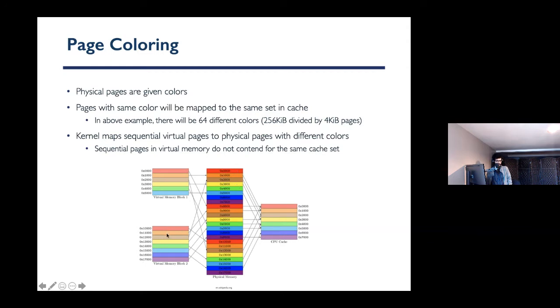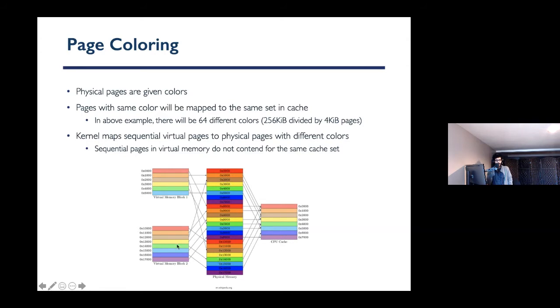So let's say this is the cache, 1, 2, 3, 4, 5, 6, 7, 8, and let's say it has 8 sets. So I color all the memory blocks that come to set 1 with red, as you can see. All the ones that are coming to set 4 with yellow, and so on and so forth.